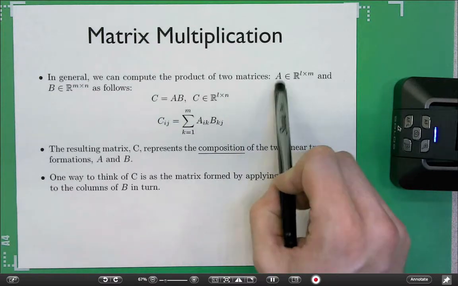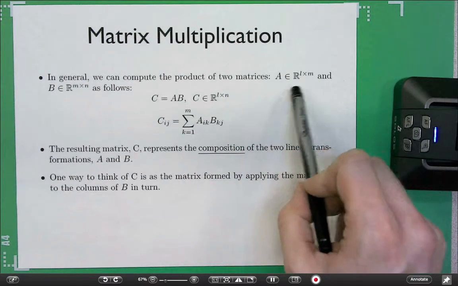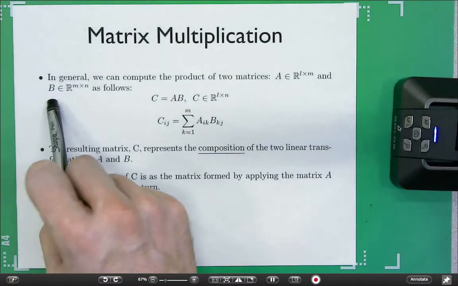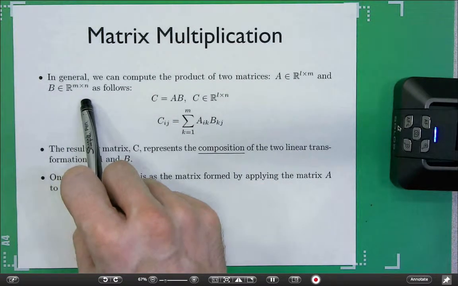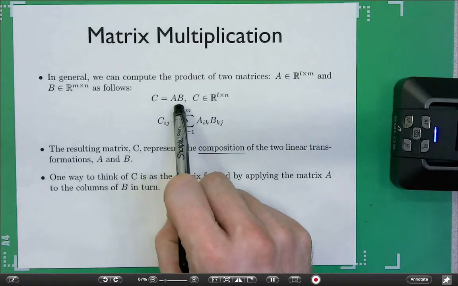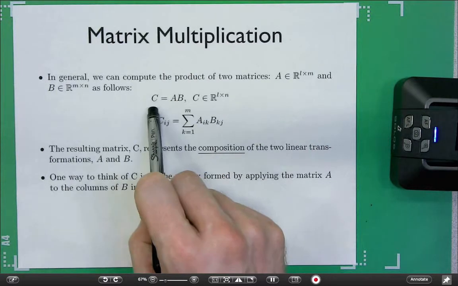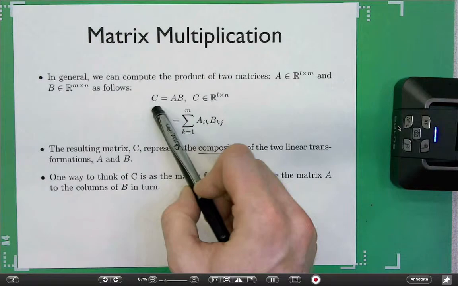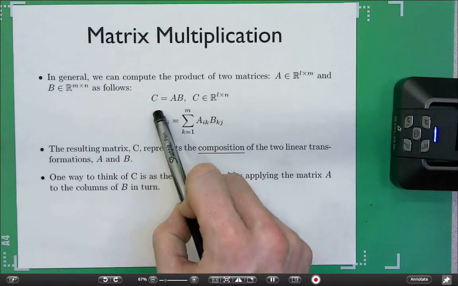If I have two matrices, A which has L rows and M columns, and B, another matrix which has M rows and N columns, then I can define a product of the two matrices A and B. The matrix which is the product is C, that's the matrix I'm defining now.